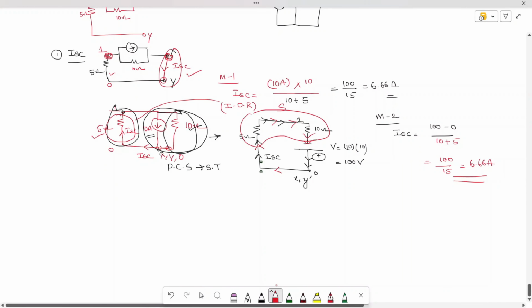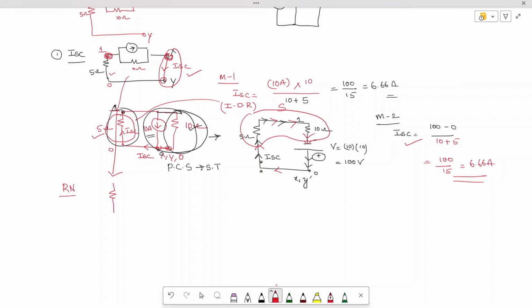So now we have successfully found ISC, and the next thing we need to find is R Norton, or R Thevenin. For this I am trying to apply, or you can apply, the same method. Here we have been short circuited.